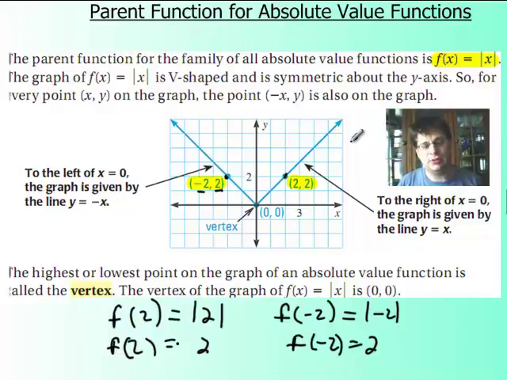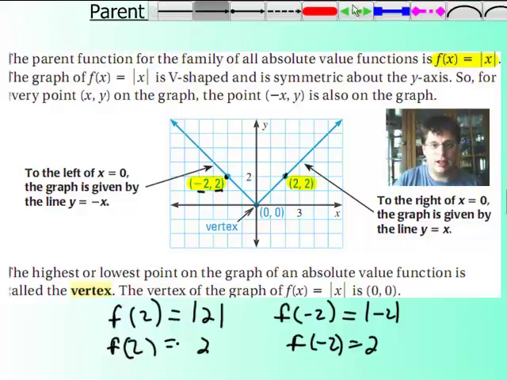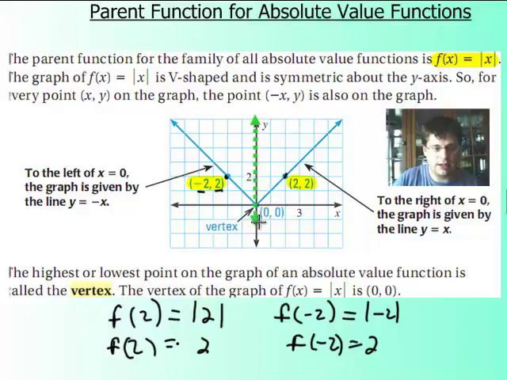And another thing that's really interesting about this is if we just bisect this into two parts, a right part and a left part, like if I just cut it down the y-axis like so, and I were to look at this part on the right, this branch, then I would notice that this would match the linear parent function.